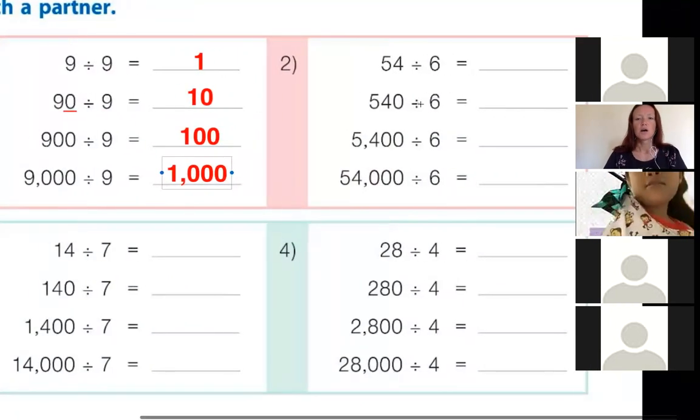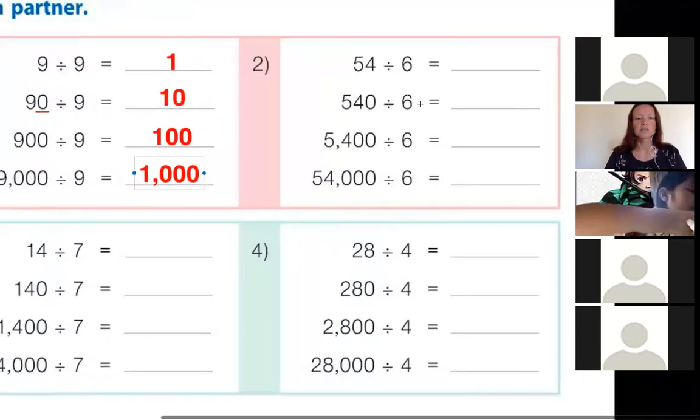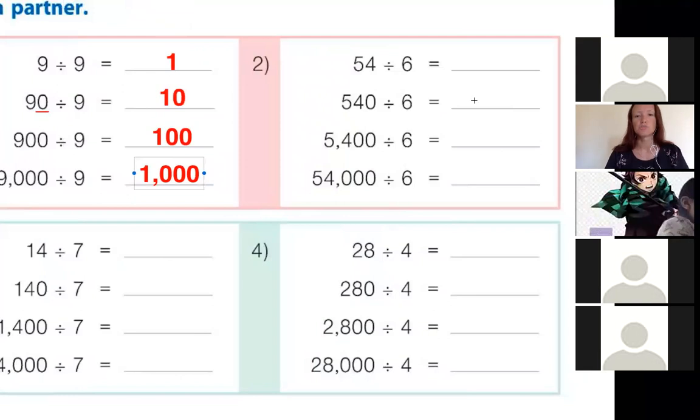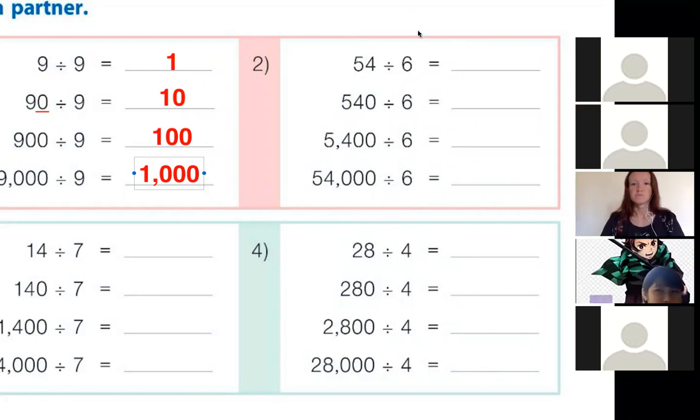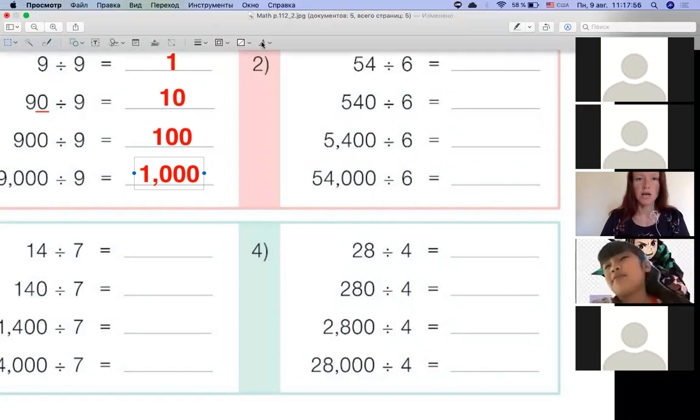Okay, so all right, Fanzai, please can you read the next number sentence? 54 divided by 6 equals 9. Equals or is.